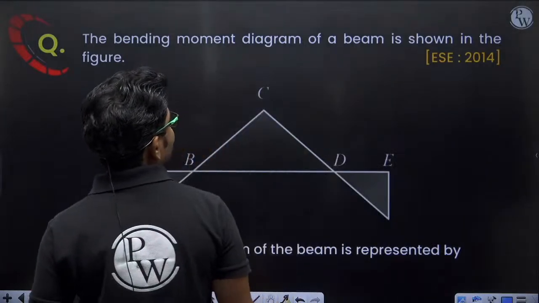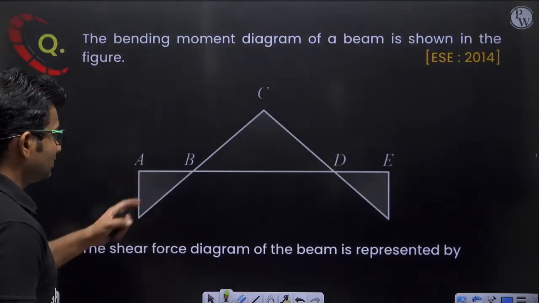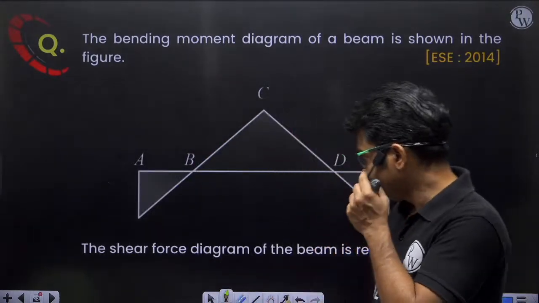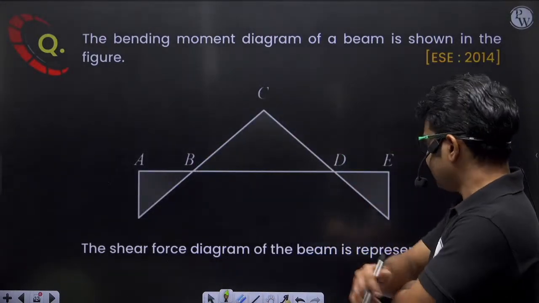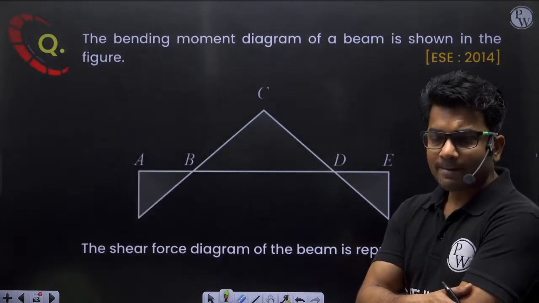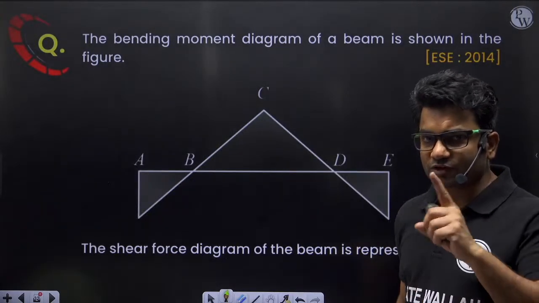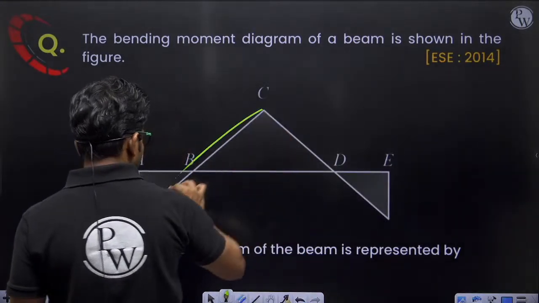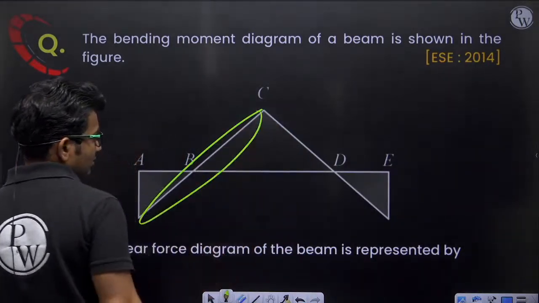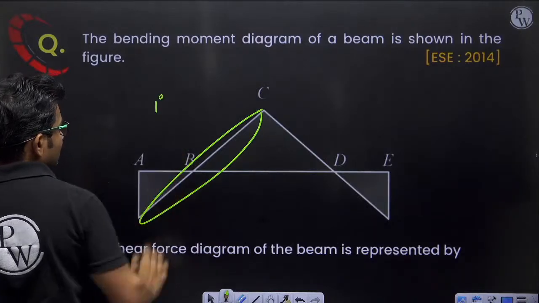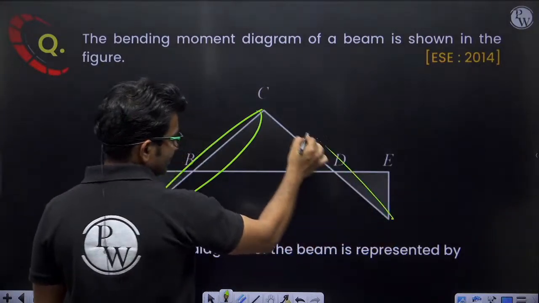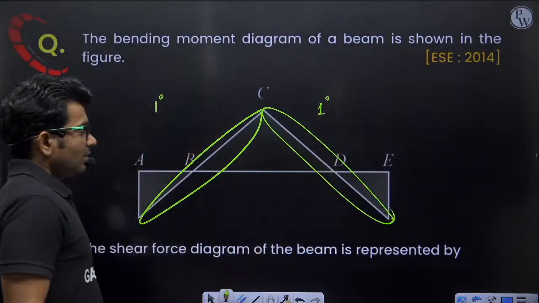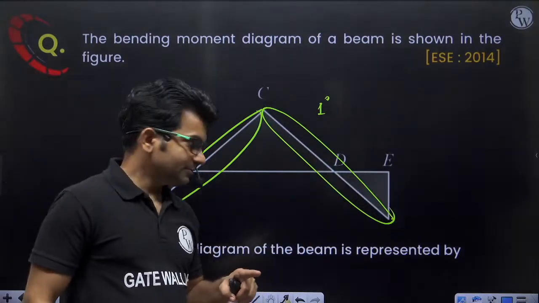The bending moment diagram of a beam is shown in the figure. Shear force diagram is represented by which option? First of all, here the bending moment diagram is linear, first degree.